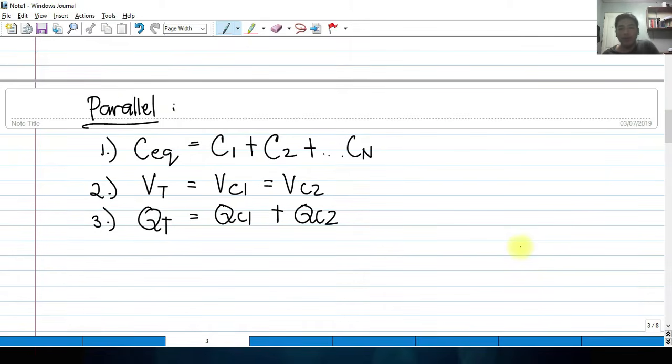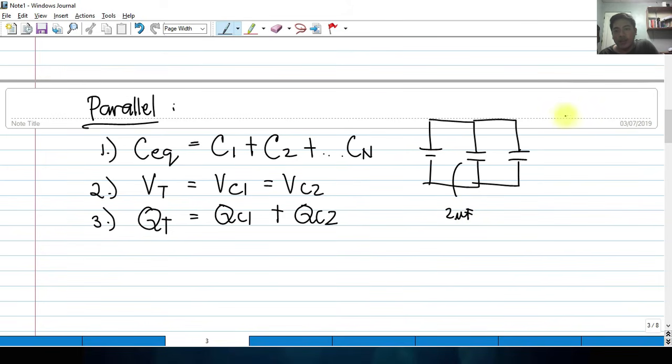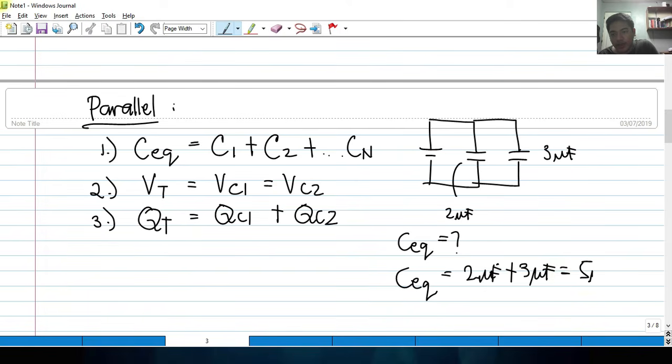So for example, let's say this is our voltage source, this is our capacitor 1, and this is our capacitor 2. Let's say this is 2 microfarads and this is 3 microfarads. And I want to get the total equivalent capacitance. Since they are connected in parallel, we simply add: 2 microfarads plus 3 microfarads is equal to 5 microfarads.